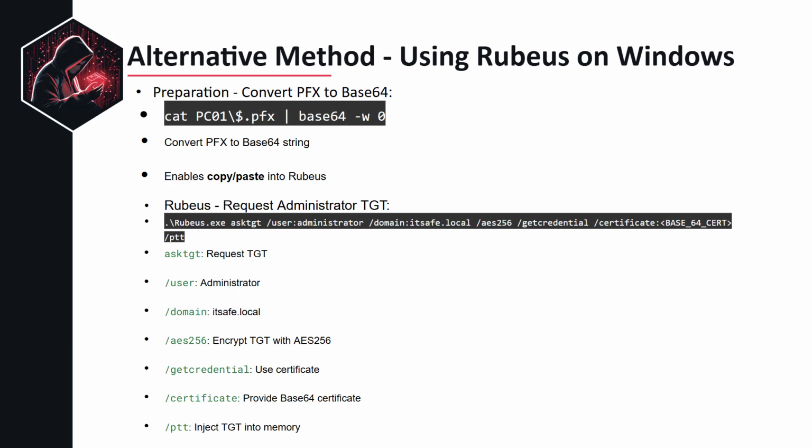Next, we use the /getcredentials flag to indicate to the tool that we're not providing a password, but that the authentication credentials, the certificate, will be provided in a file, and we'll also include the /certificate flag to specify the certificate in either file or base64 format as we've converted it. Finally, we use the /ptt flag to inject the TGT into memory so we can use it.